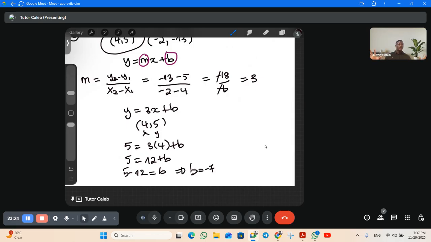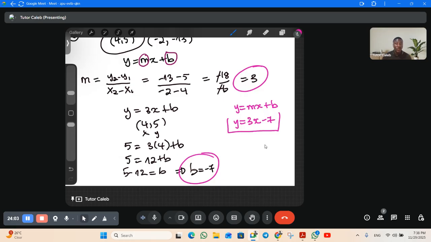So we have the two things we need: the slope, 3, and the y-intercept, -7. So we can now write the equation of the straight line that passes through those 2 points. That equation is y = mx + b. Now we can put in the slope 3 and b, which is -7: y = 3x - 7. This is our answer.